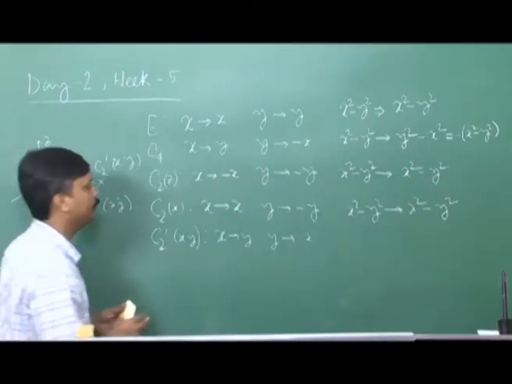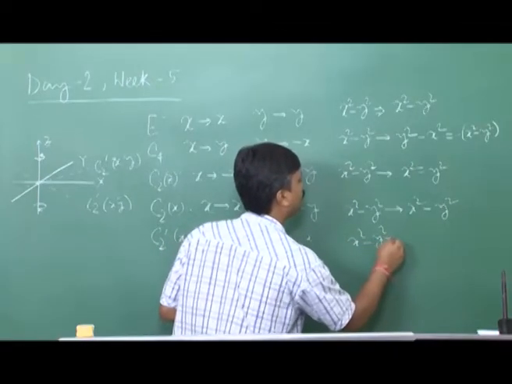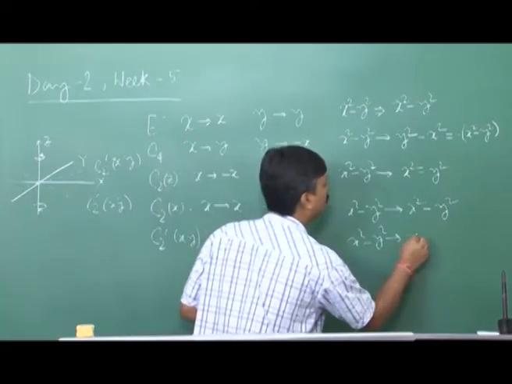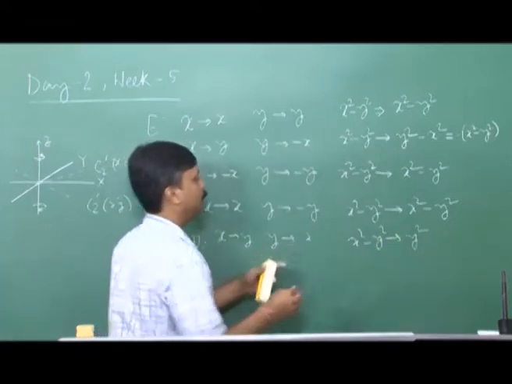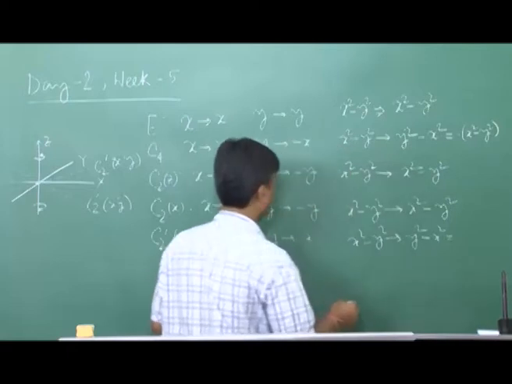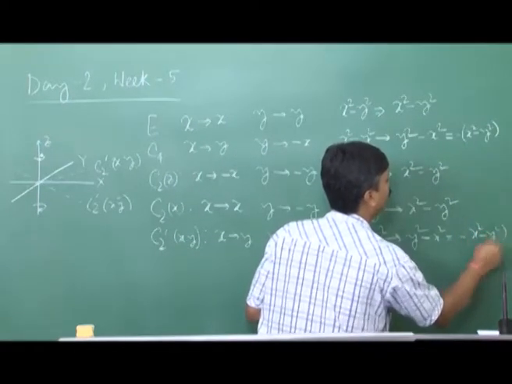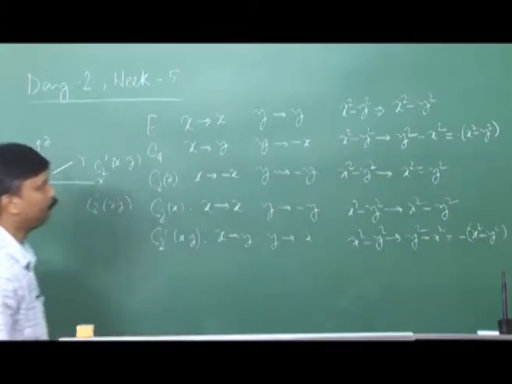And lastly, C2 prime, x is becoming y, therefore it is y square, and y is becoming x, so minus x square, which equals minus x square minus y square. All right.